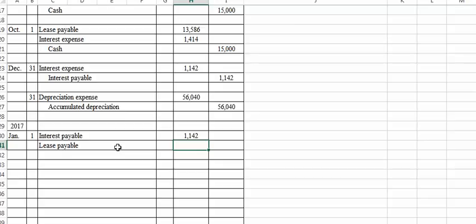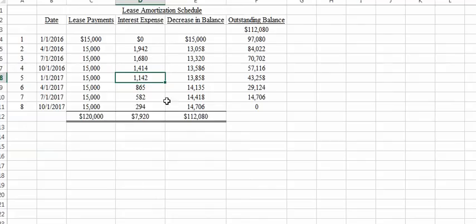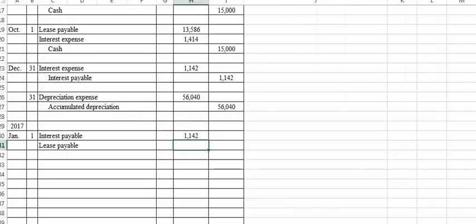So to take the liability off the books, we debit interest payable for the interest expense portion over here. We're going to debit lease payable for $13,858. And then we're going to credit, of course, cash for the sum of those two, which should be the amount of our payment, $15,000.